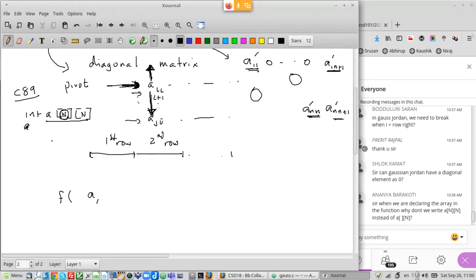You will have maybe small n rows, which is less than capital N. However, because it is being stored row wise, you need to know how many columns there are, because you have to have that many columns here, that many columns here. Because the total number of elements will be N into N, right? So it is going to store N elements here, then store the next N elements here, then store the next capital N elements here, and so on.